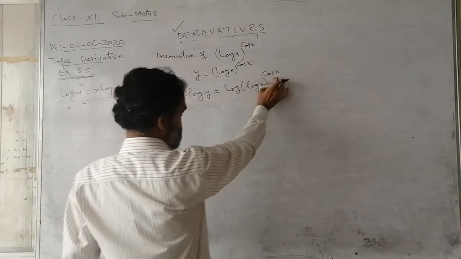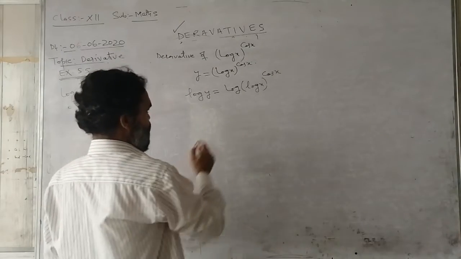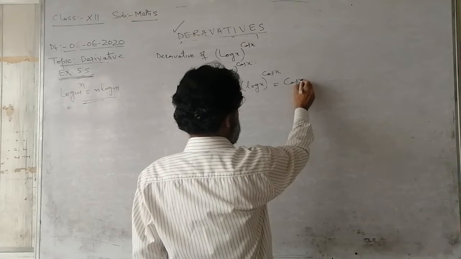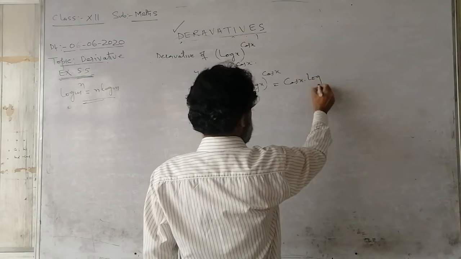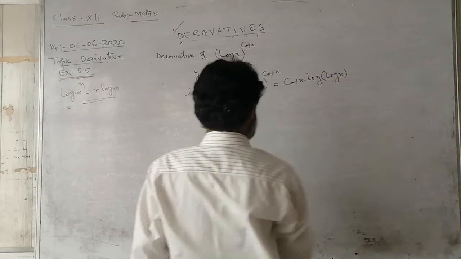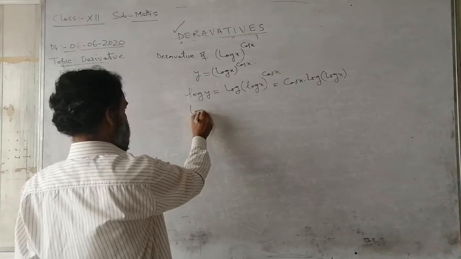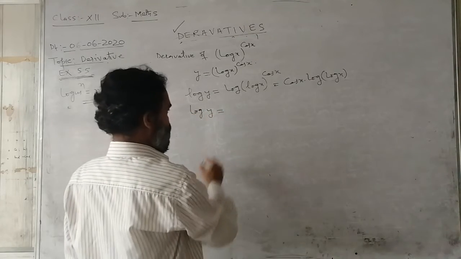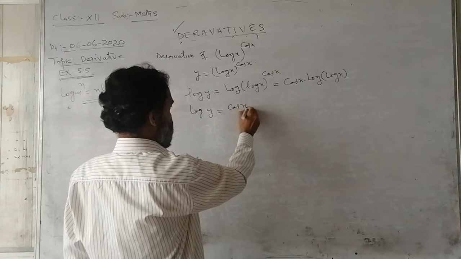So this is log x, its exponent is cos x. So I can write this as cos x into log x. This is the actual function whose derivative we have to find.